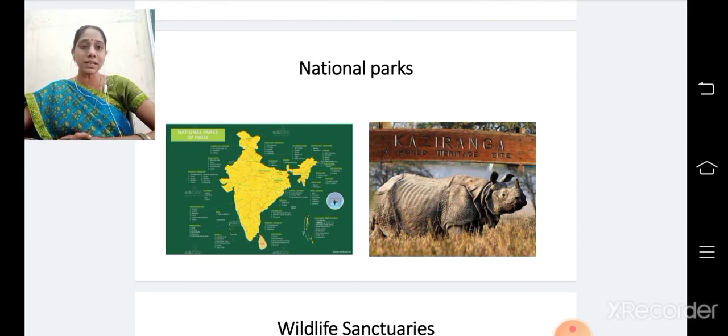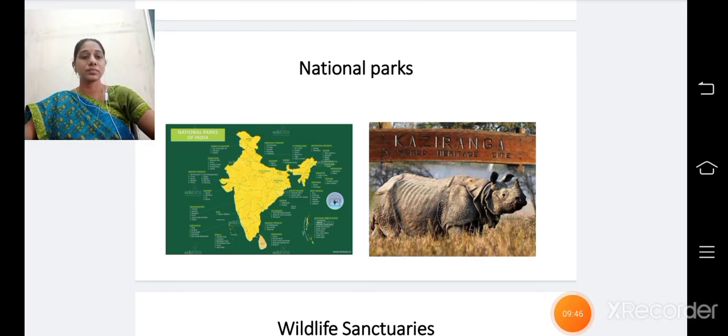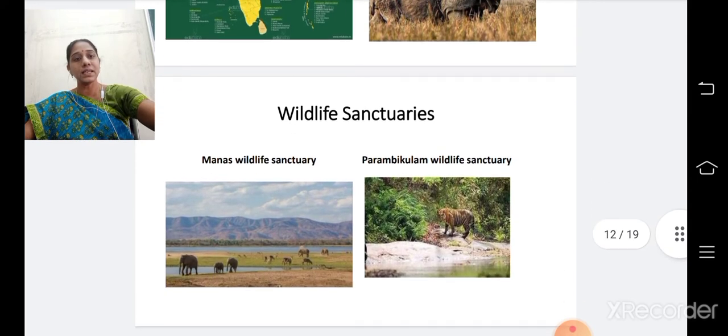So these are different conservation methods. All over India you can find so many. There are 105 national parks all over India, 18 biosphere reserves and 553 wildlife sanctuaries. What are wildlife sanctuaries?